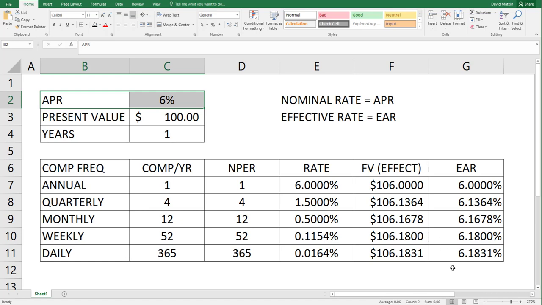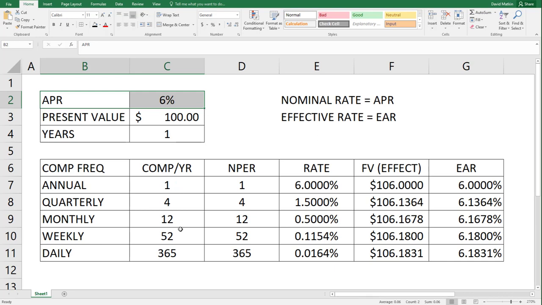And in this case, the adjustment is done by dividing the nominal rate by the number of compounding periods per year, and then also multiplying the number of years by the number of compounding periods per year to get the total number of periods.